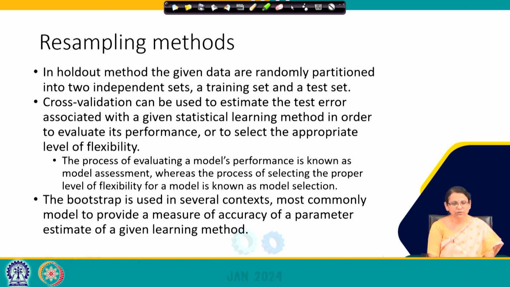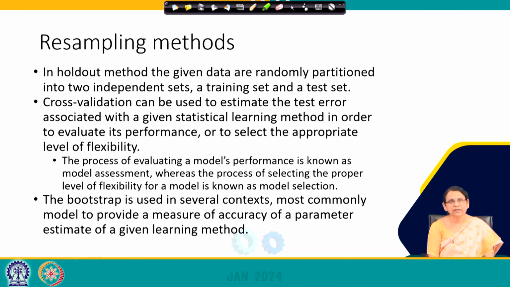Then we have cross validation, which can be used to estimate the test error associated with a given statistical learning method in order to evaluate its performance or to select the appropriate level of flexibility. The process of evaluating the model's performance is known as model assessment, whereas the process of selecting the proper level of flexibility for a model is known as model selection.